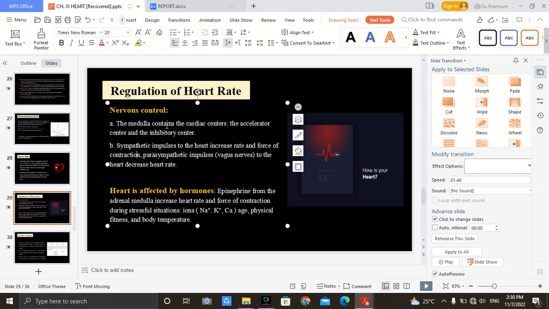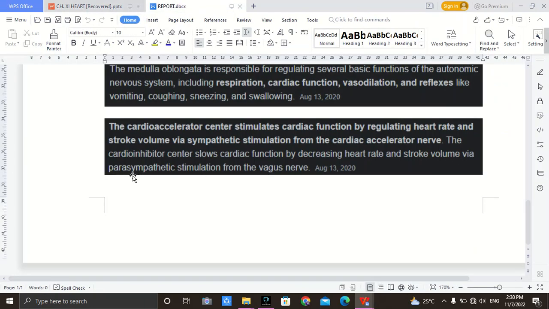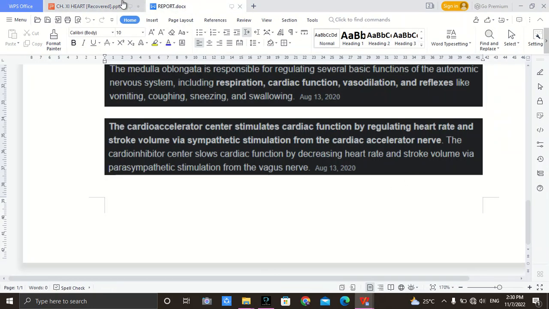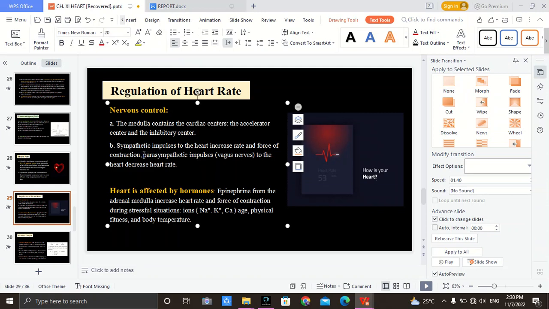And we also have the inhibitory center. The inhibitory center slows cardiac function by decreasing heart rate and stroke volume via parasympathetic stimulation from the vagus nerve. So this inhibitory center slows down the heart rate and stroke volume via this parasympathetic impulse.